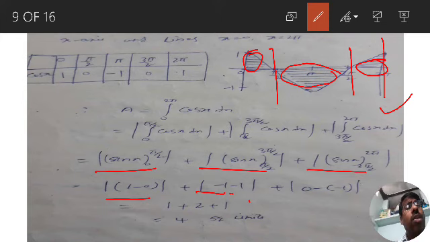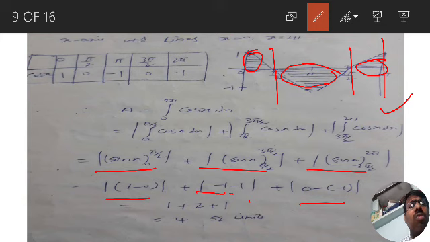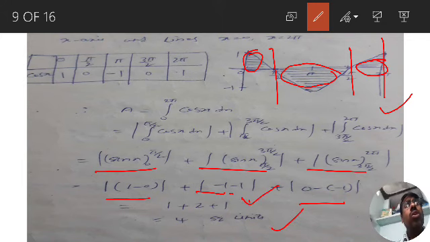And sin 2 pi is 0 minus sin 3 pi by 2 which is minus 1. So the values are 1, minus 2, and 1. Modulus of 1 is 1, modulus of minus 2 is 2, and modulus of 1 is 1. 1 plus 2 plus 1 is 4 square units. So the area bounded by y equals cos x from 0 to 2 pi is 4 square units.